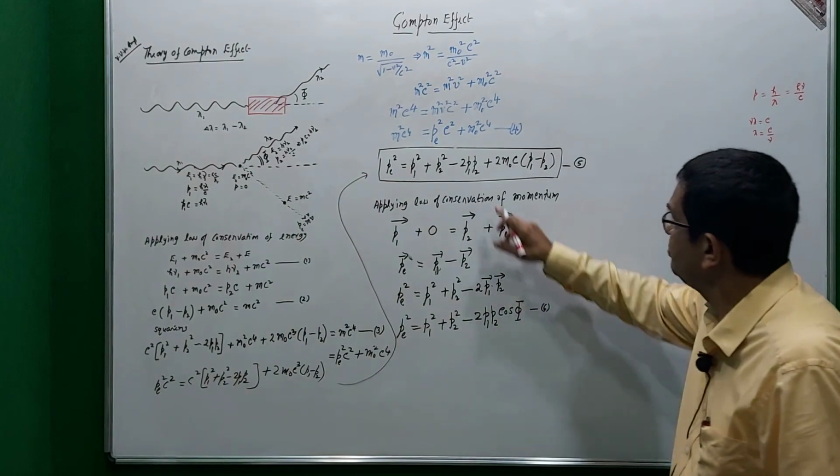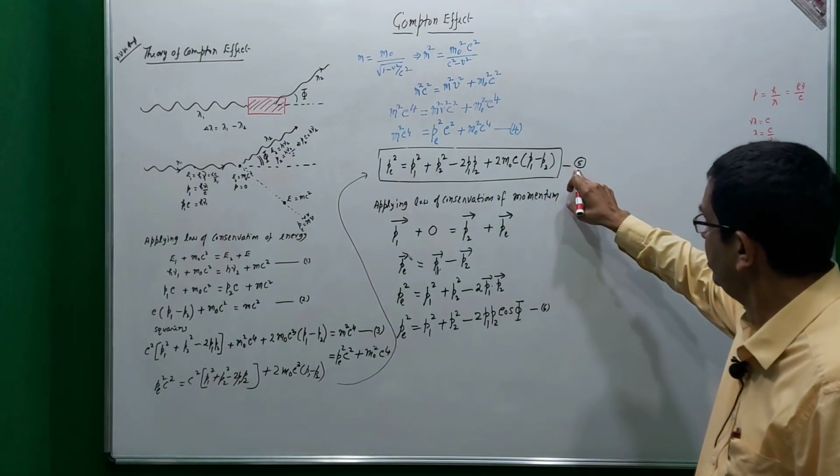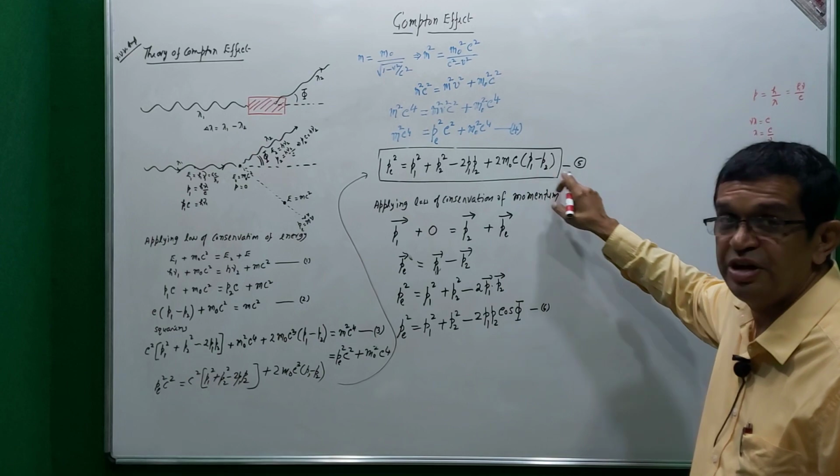Now we got this P square. We can substitute it in equation 5.